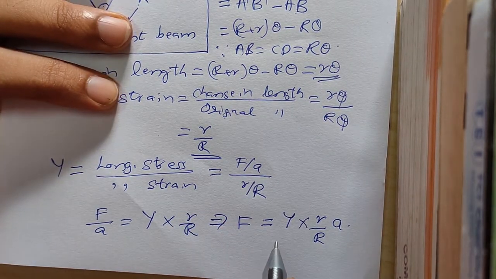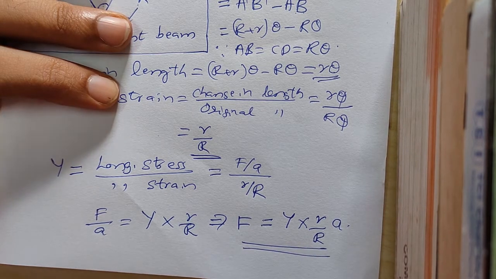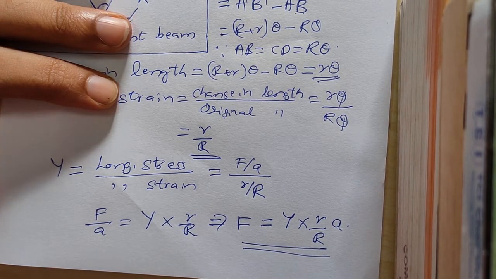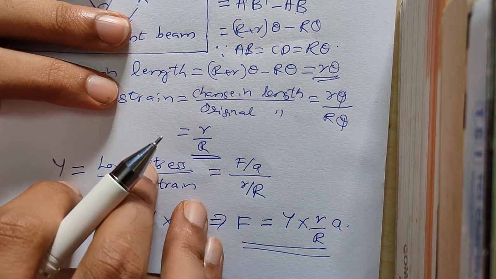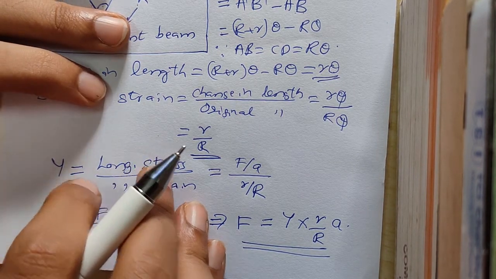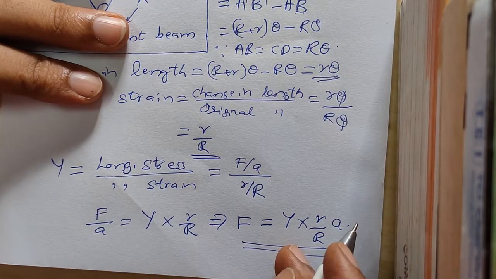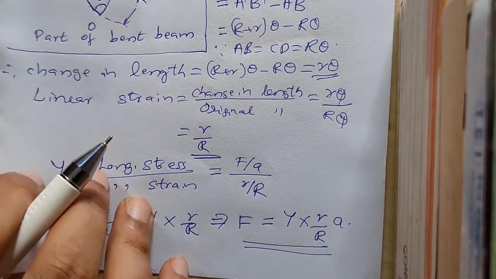So now we got the force, which is equal to Y into r by R into A. Let us calculate the moment of this force about the neutral axis. That's nothing but force into the distance from the neutral axis.